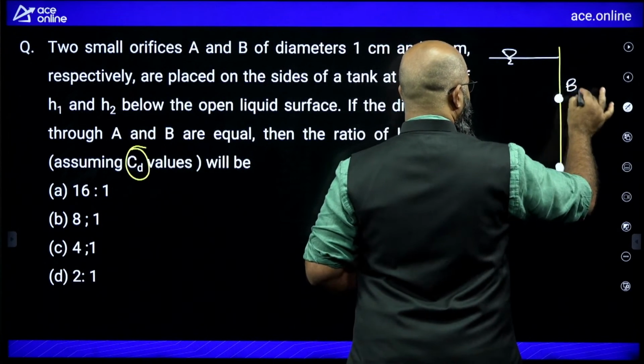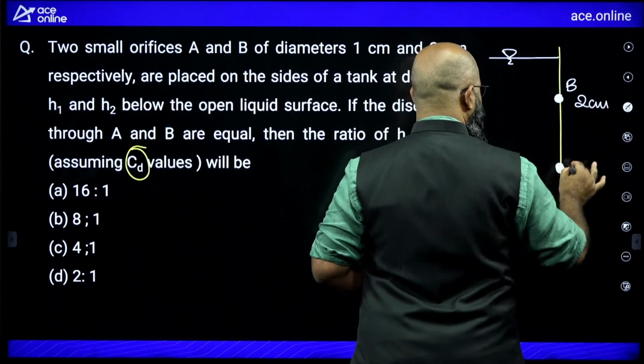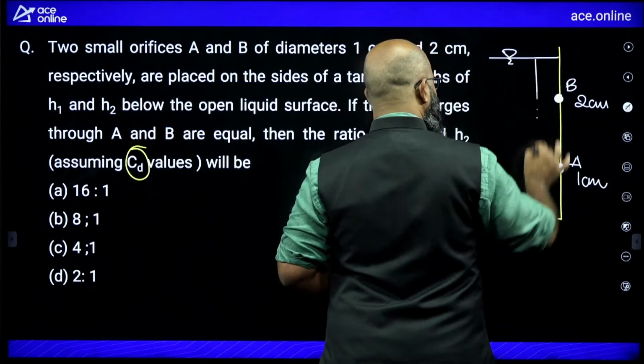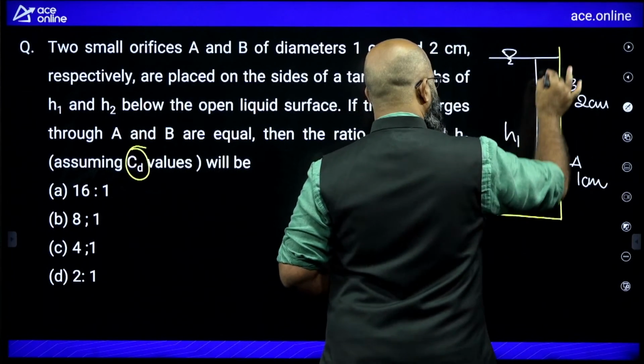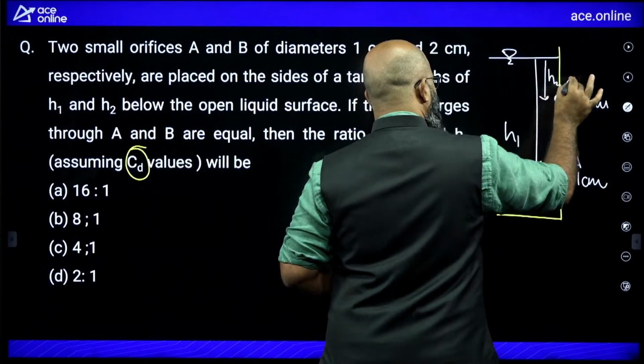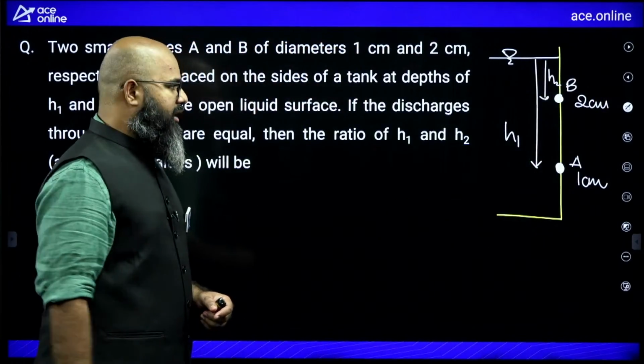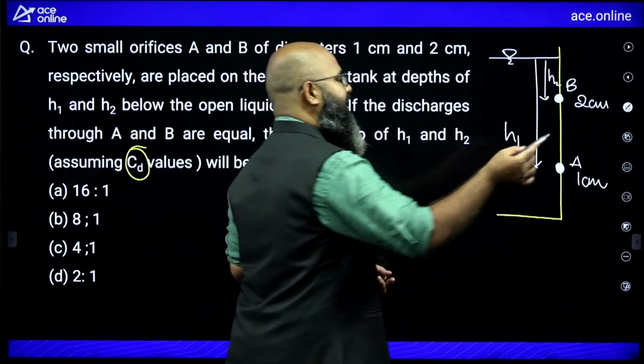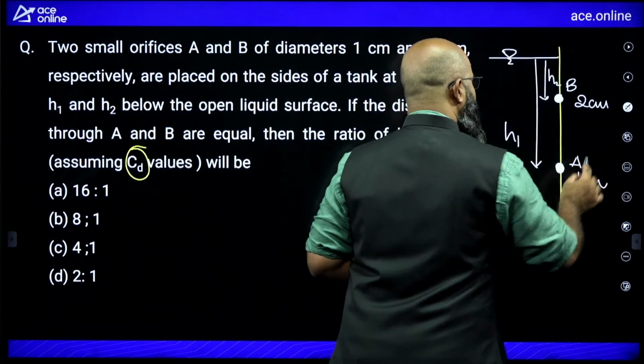This is B, 2 centimeter orifice, and this is A. It is 1 centimeter orifice. This is equal to your H1. This is equal to your H2. H1 by H2 is equal to how much? Now, since CD is going to be same, I will assume CD is equal to 1 only.